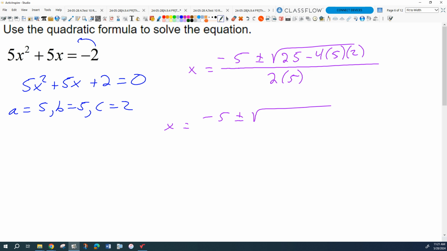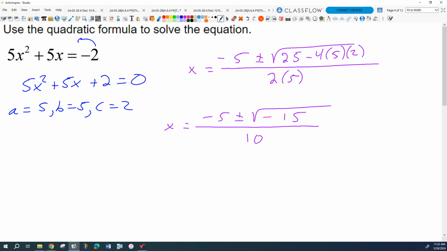That's like 10 times 4, so 40. 25 minus 40 is negative 15, all divided by 10, right?